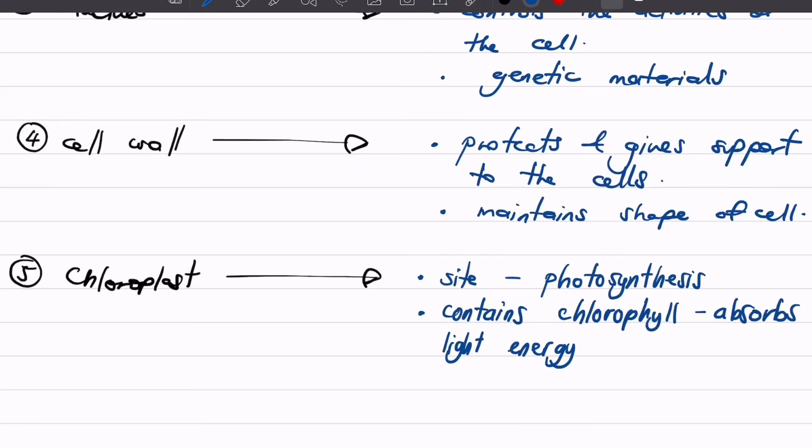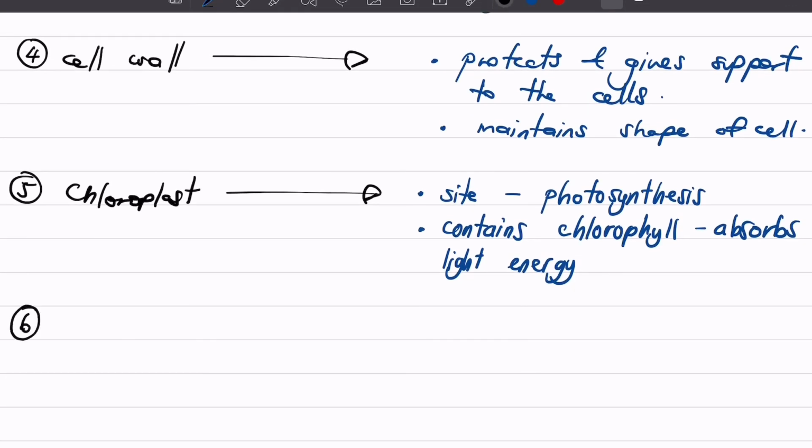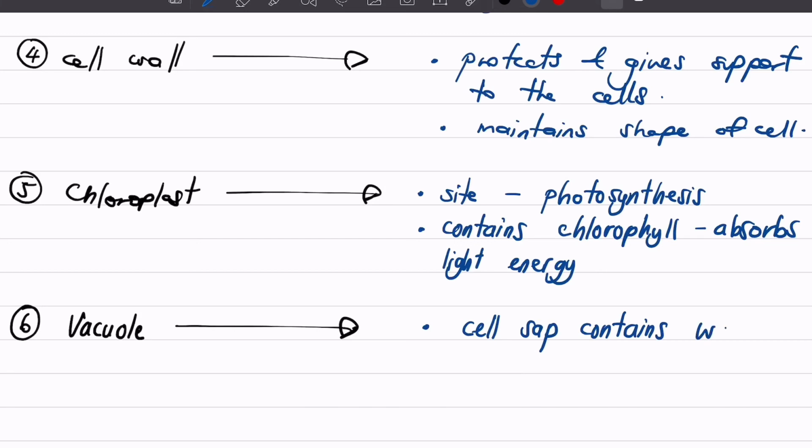So last but not least is the vacuole. What is the function? The cell sap contains water, nutrients and mineral salts.